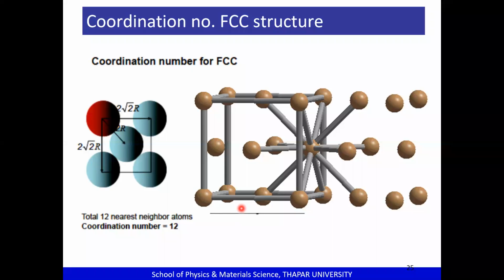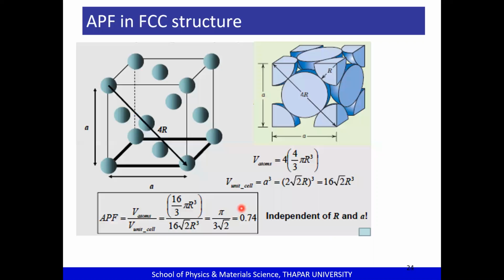We know the distances between these points are different, and the smallest possible distance between the atoms will be along the face diagonal. If I go back to this diagram, you can see this distance is smaller as compared to this distance. So the center of the face atom to one of the corner atoms is the smallest possible distance.